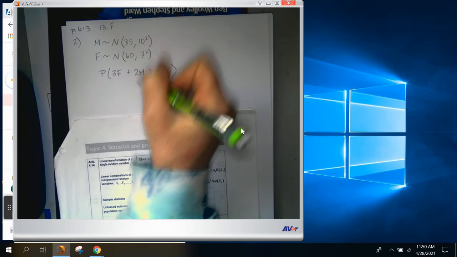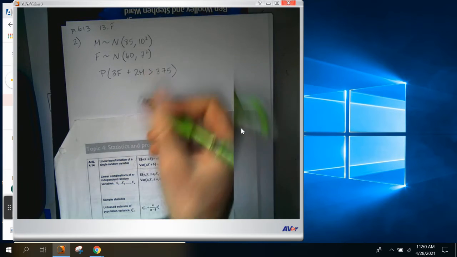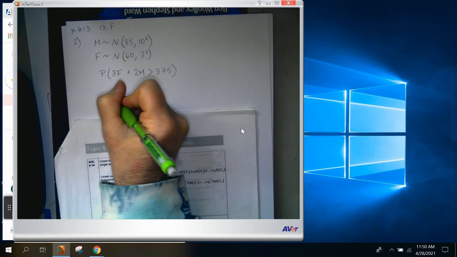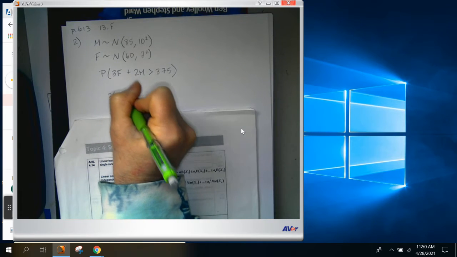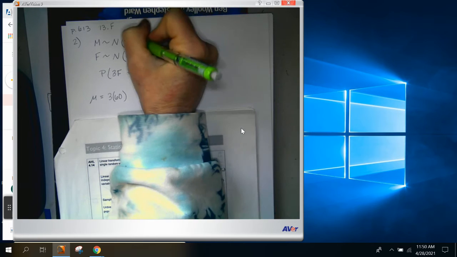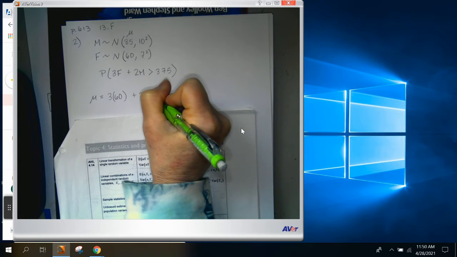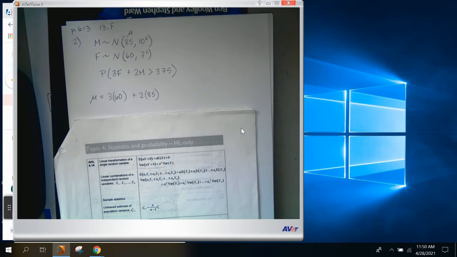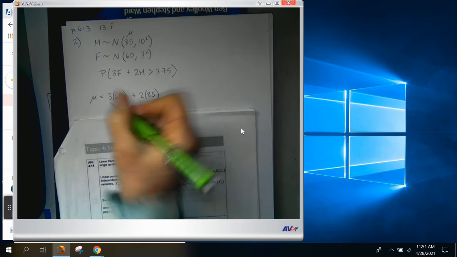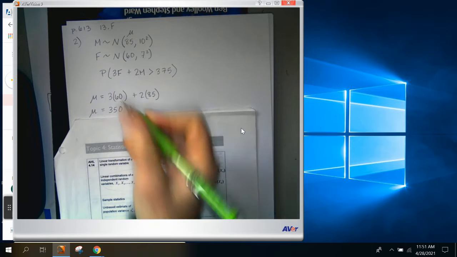So I'm going to be able to get my new mean for this problem by multiplying and adding these together. So I am going to have 3 times 60. This guy right here, this is my mean. 3 times 60 plus 2 times 85. If I multiply that out, which I already did, I get 350. So there's going to be my new average, my new mu.